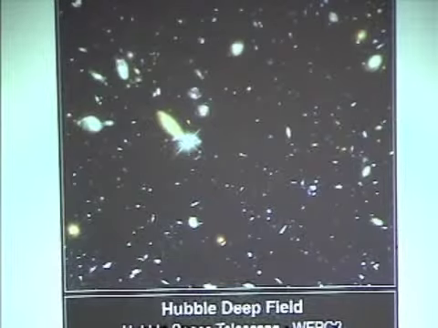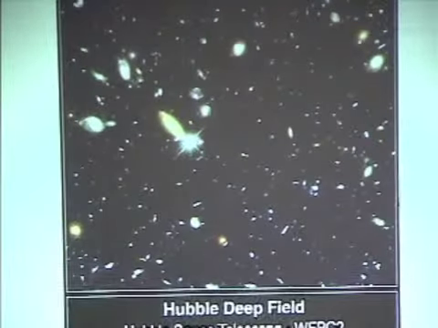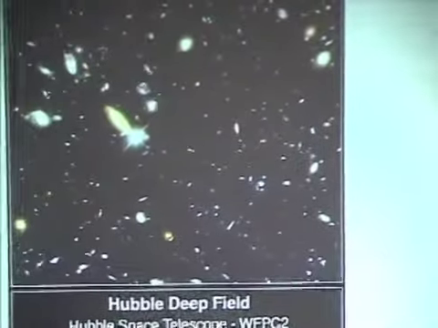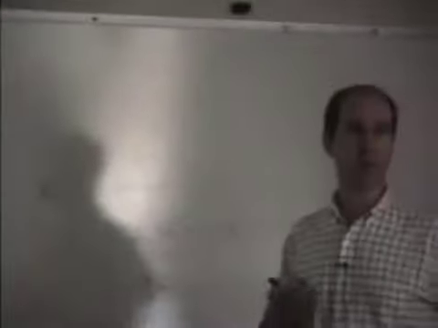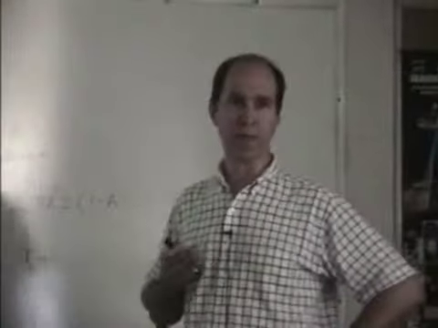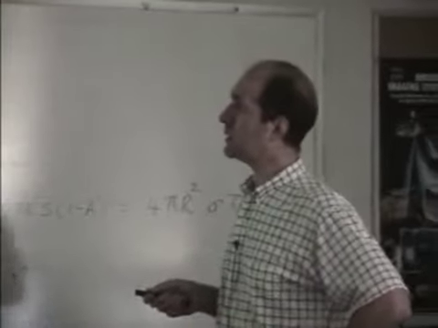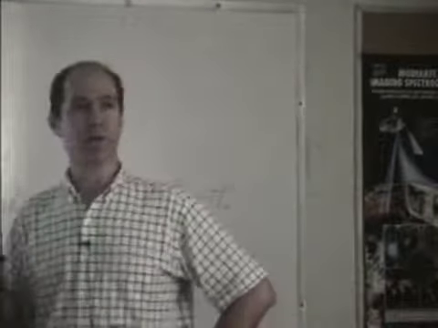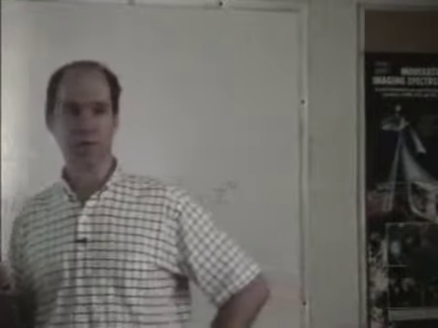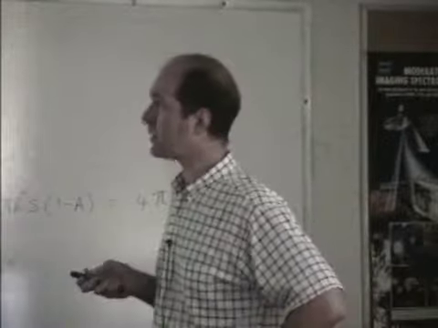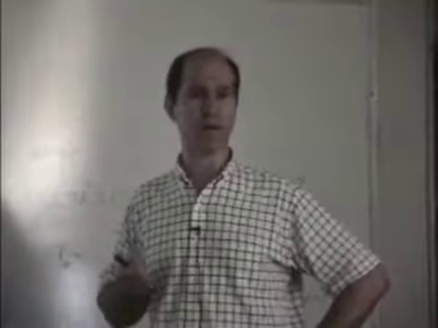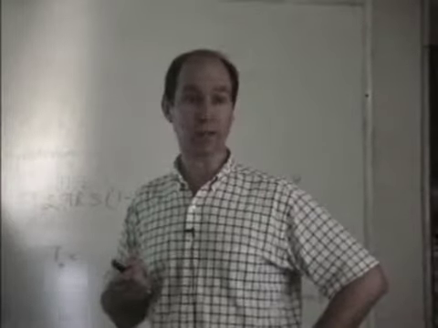Now, it turns out that this is nothing. What I want to spend most of today talking about is light that you can't see in this picture. It's microwave radiation that's coming almost directly from the Big Bang. While the most distant objects you can see in here come from perhaps some of the first stars that were formed in the universe, there is light that comes from much, much farther back in time, nearly to the Big Bang itself.